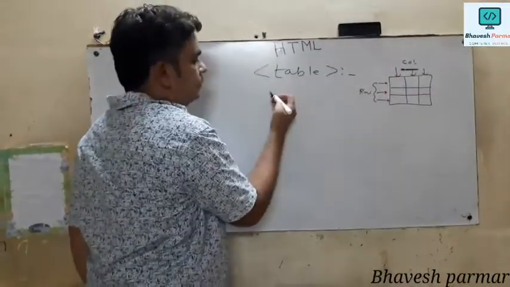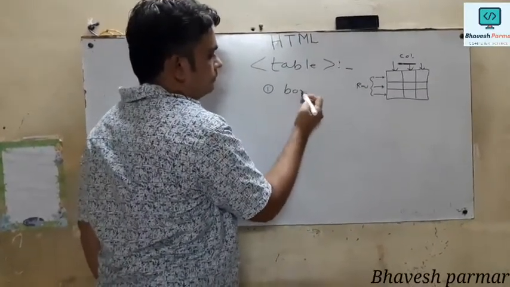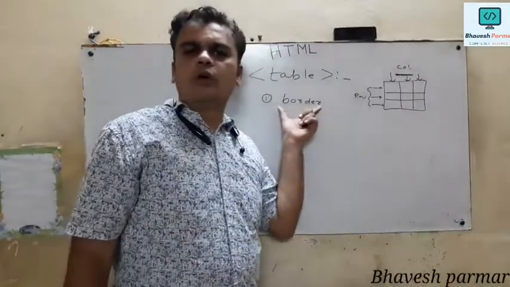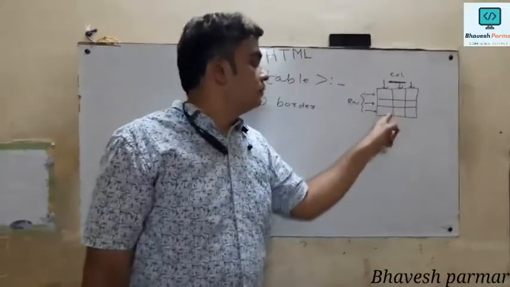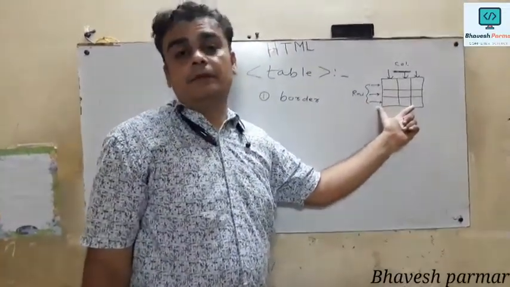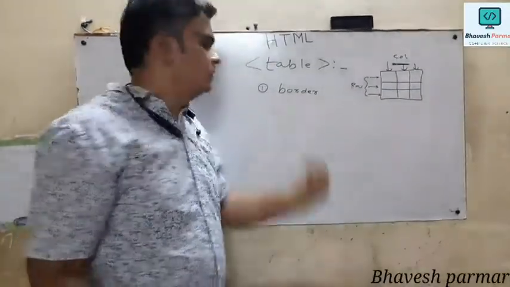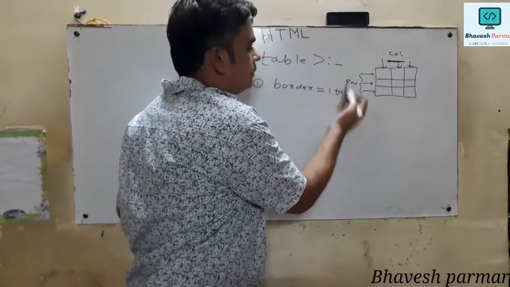So the first attribute of the table tag is border. Now what does border actually do? This represents the actual outline specified in the table, and this outline is created by the border attribute. We can give the border value between 1 to 5.